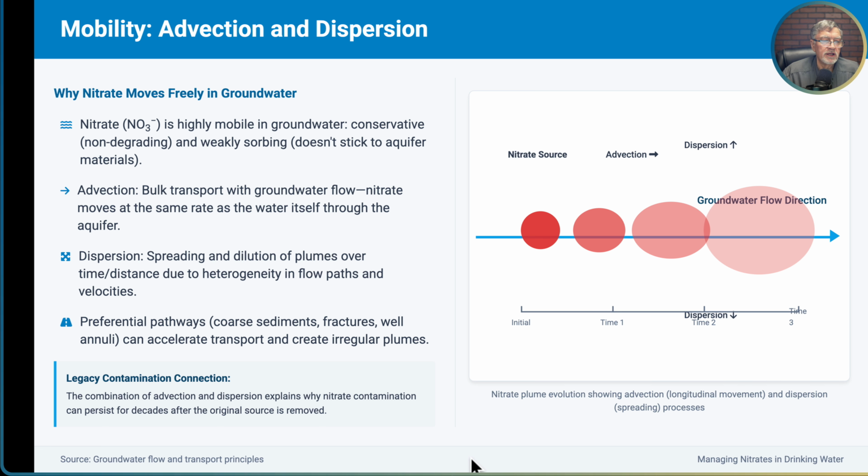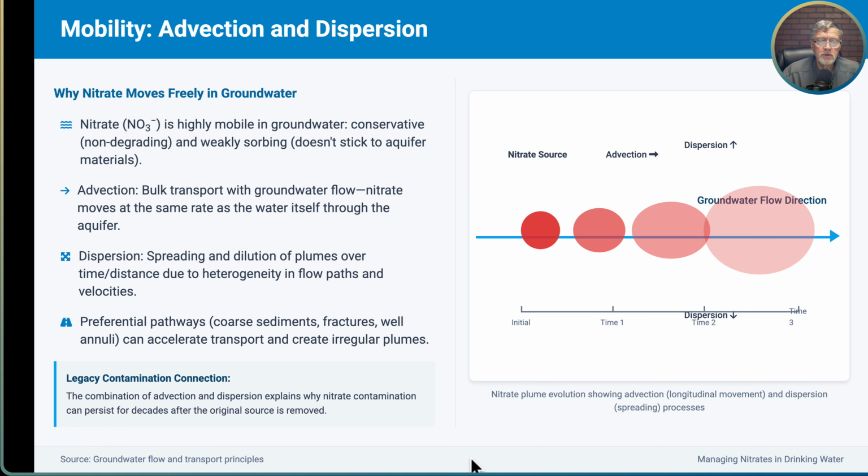Nitrate moves freely in groundwater. It's highly mobile. It's conservative, non-degrading, and weakly adsorbing, which means it doesn't stick to aquifer materials, like some of these polar molecules will. So it really does not stick to the clay particles, and it just keeps moving at the rate of groundwater.